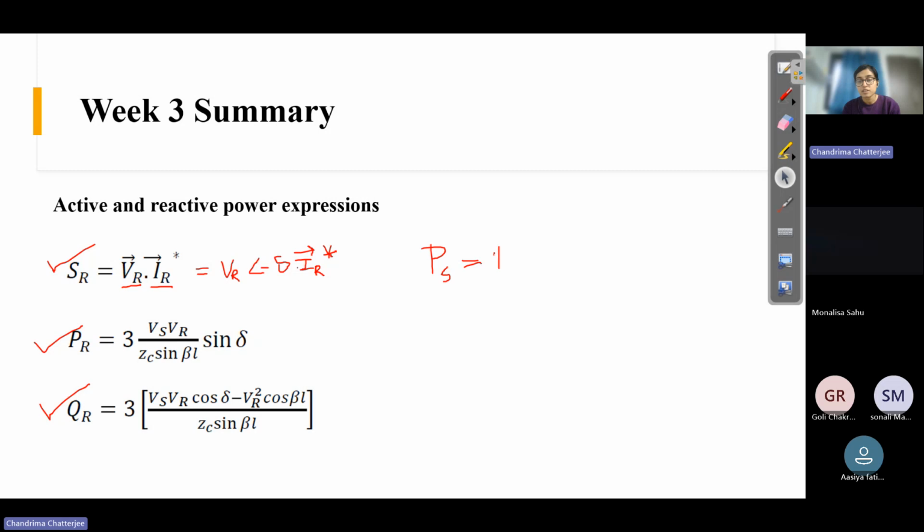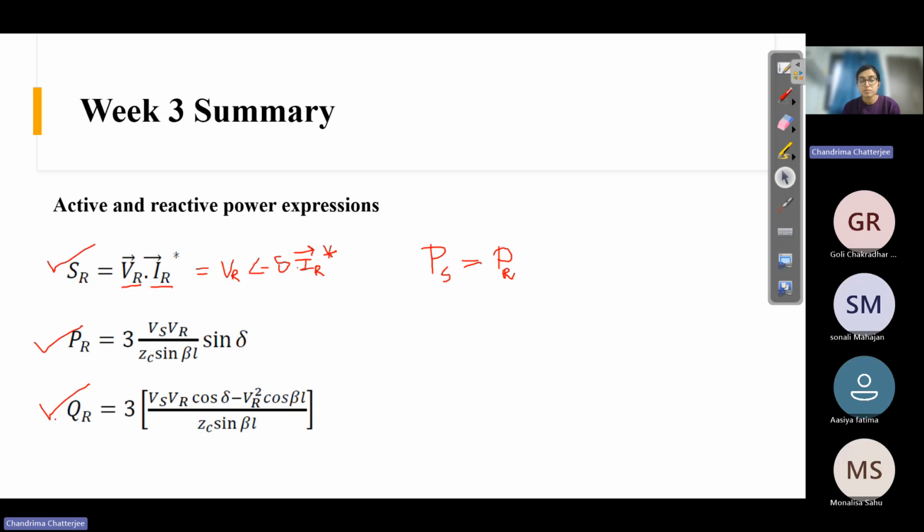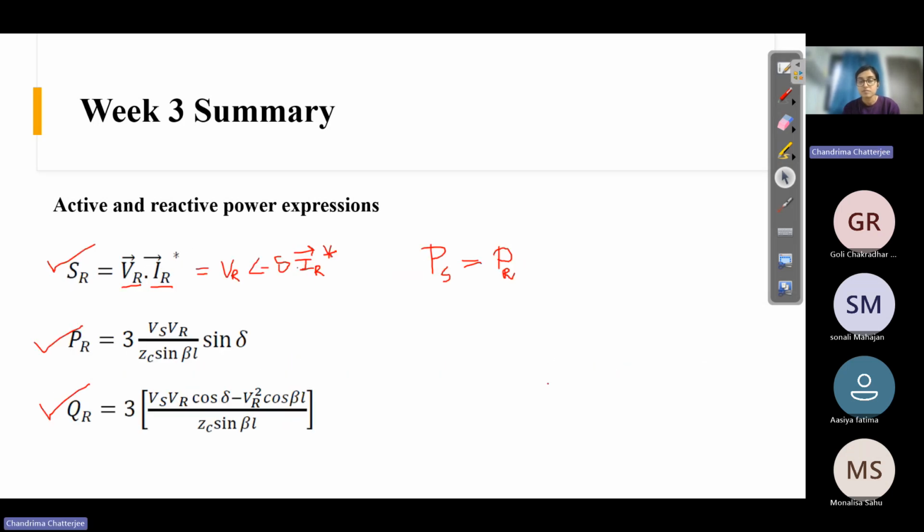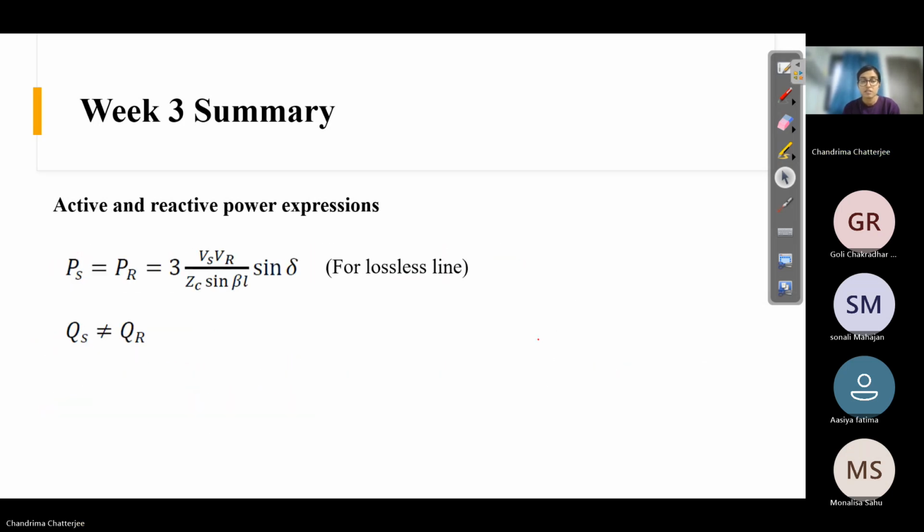However, the reactive power expression is not the same. QS is not equal to QR. QR and QS are different. So that's what I have written here: PS is equal to PR, but QS is not equal to QR.